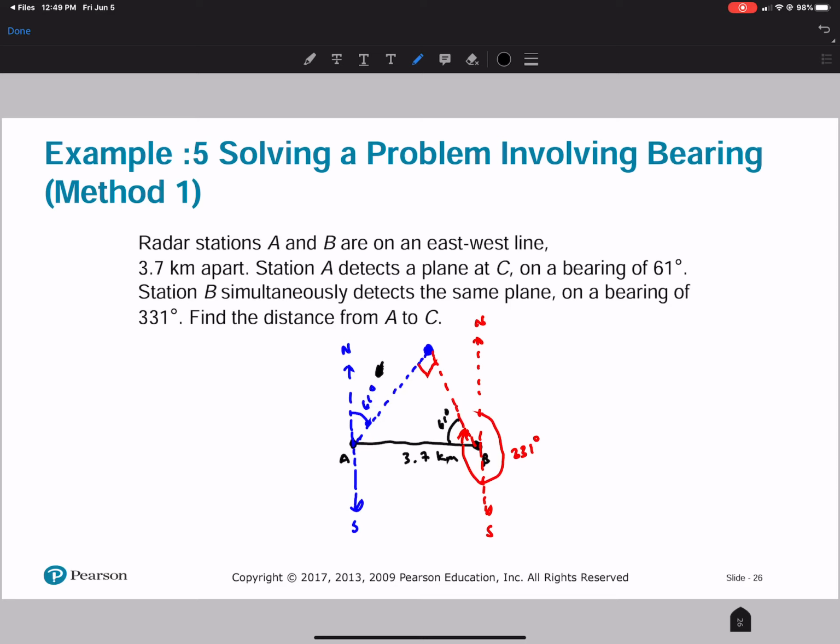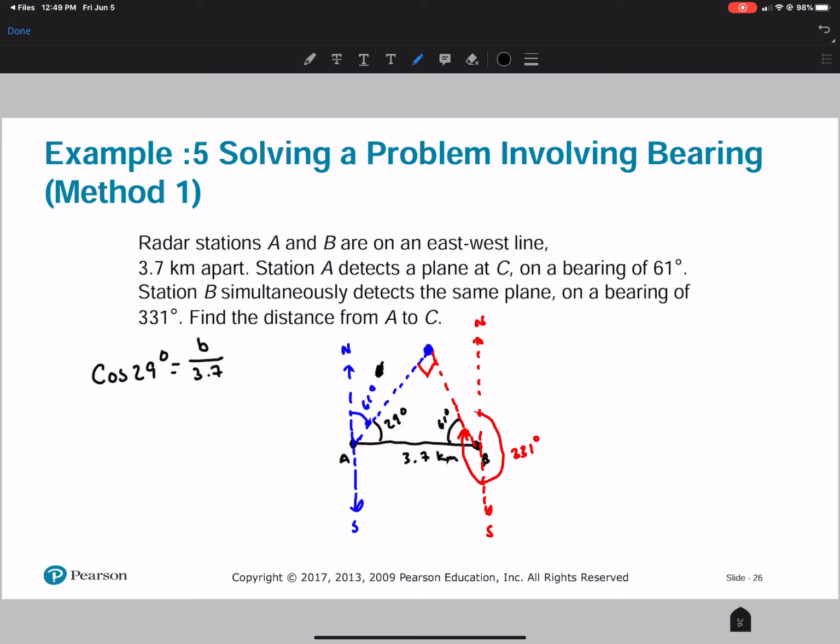So we actually want to find the distance from A to C. Now, from A to C, we know that this would be 29 degrees, right? So we'll do the cosine of 29 degrees is equal to adjacent, which is your adjacent side, B, over your hypotenuse, which is your 3.7.